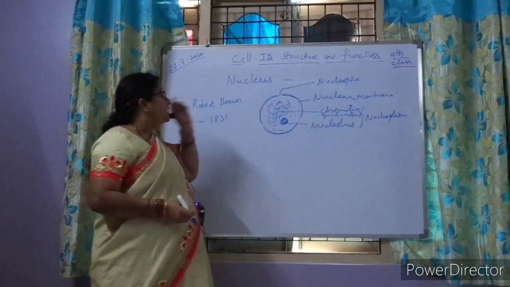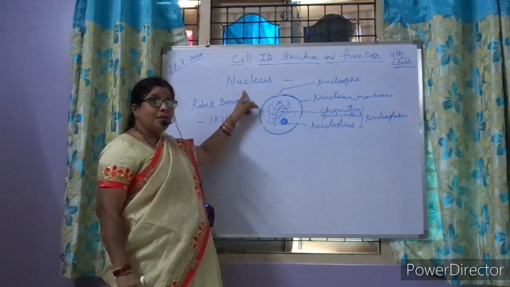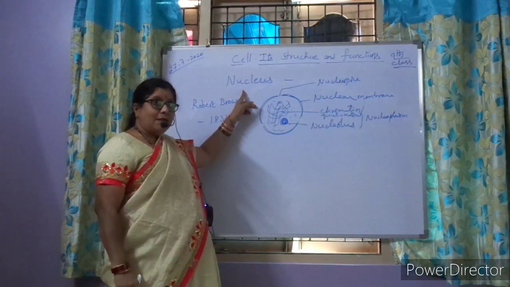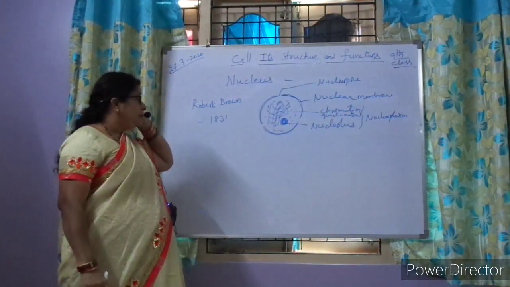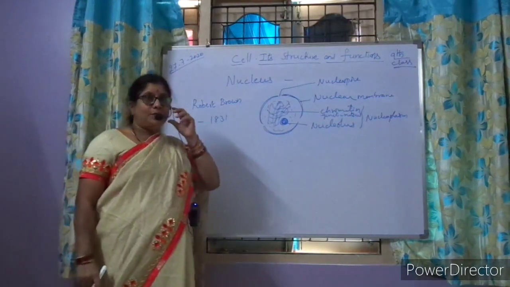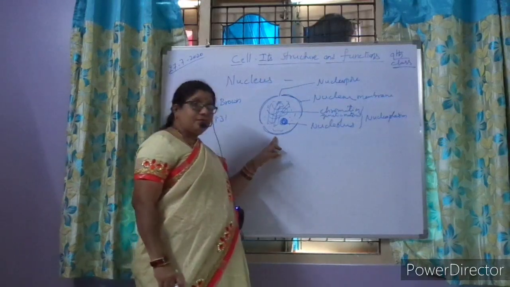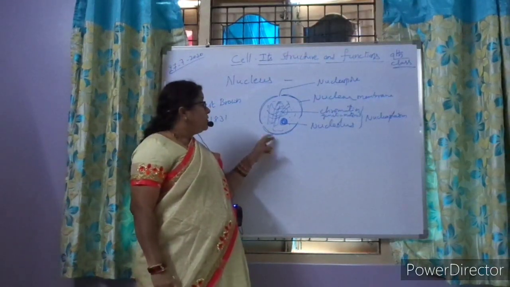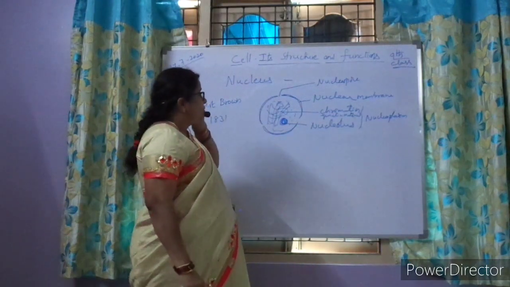We completed the cell wall and cell membrane. Now we learn about the nucleus, another important cell organelle. Robert Brown for the first time in 1831 studied the nucleus, and now let us learn the structure of the nucleus. The nucleus is a membrane bound circular structure.